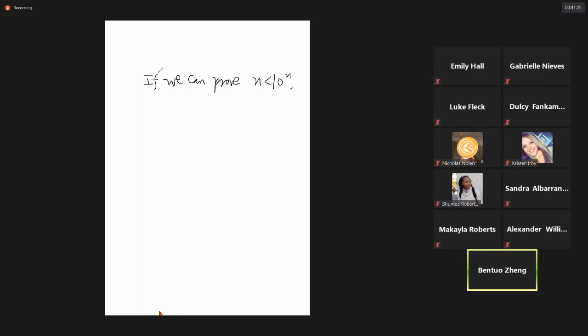But if you look at this quantity, n less than 10 to the n, this one is very similar to the problems we've seen before using mathematical induction. You can use mathematical induction to prove n is less than 10 to the n, and then combine this result with the selection of n, you get a is less than 10 to the n.